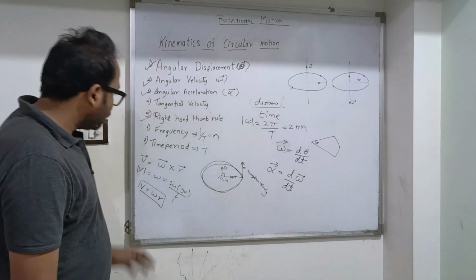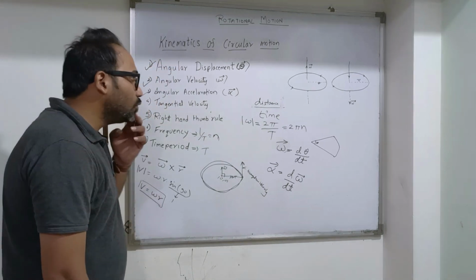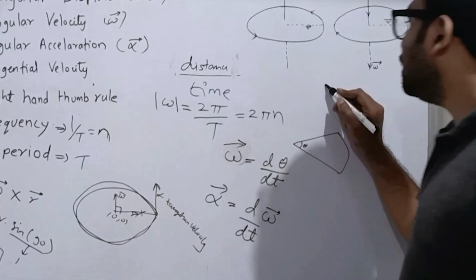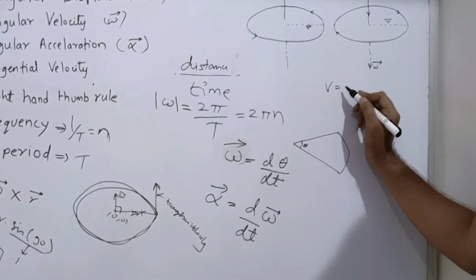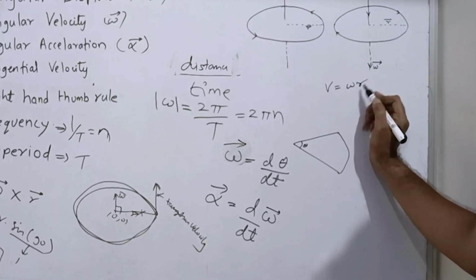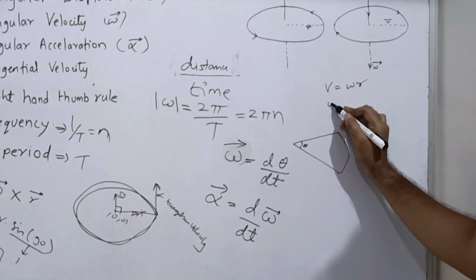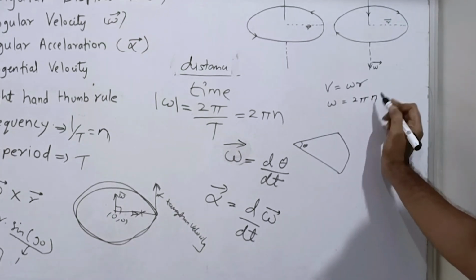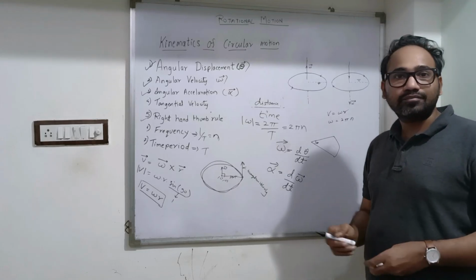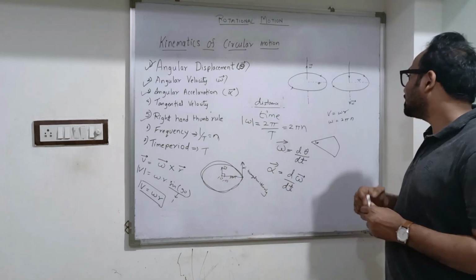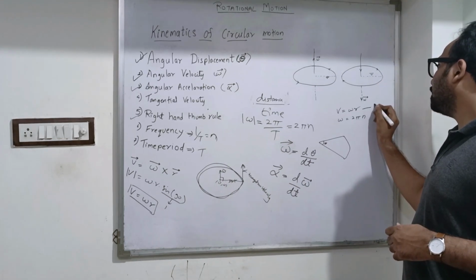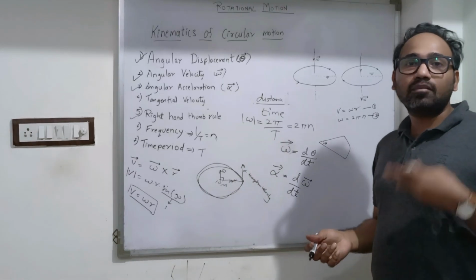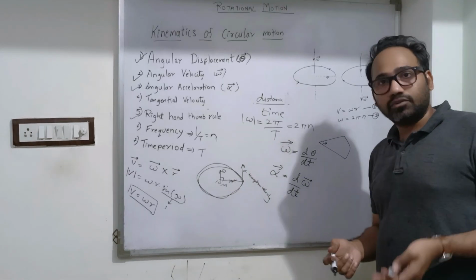In this we have understood two formulas: one being v is equal to omega r, and the other one being omega is equal to 2 pi n, where n represents the frequency. This is formula number 1, formula number 2. Slowly we will be covering more formulas in the next module. Thank you.